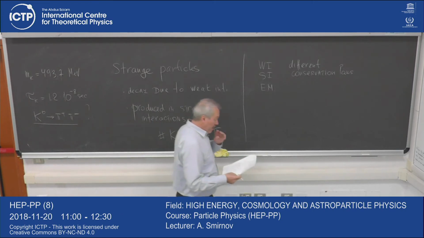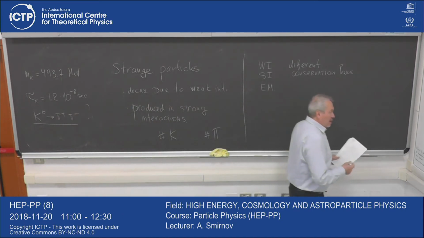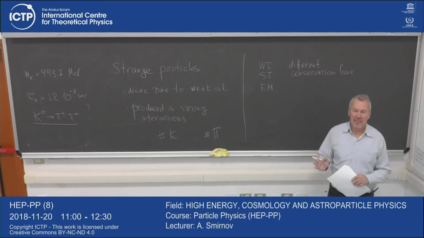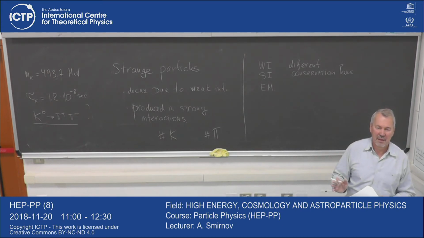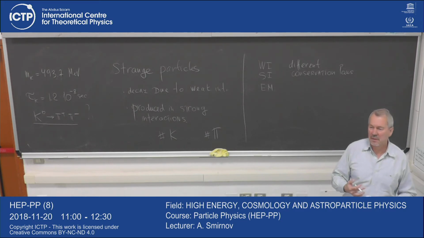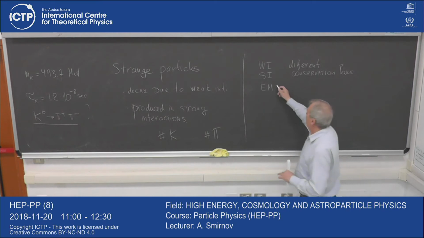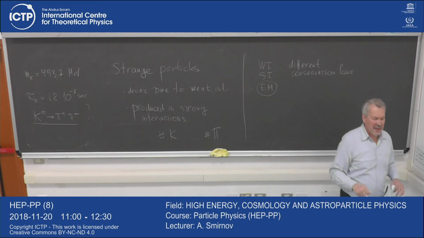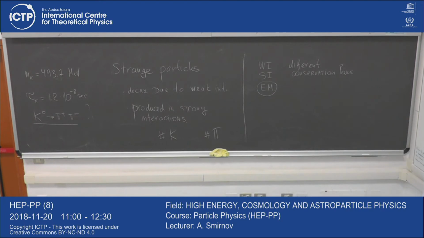The concept is the following: some interactions respect some quantum numbers, but violate some other quantum numbers. Electromagnetic interactions are most symmetric in a sense, because they conserve electric charge, but also other characteristics.